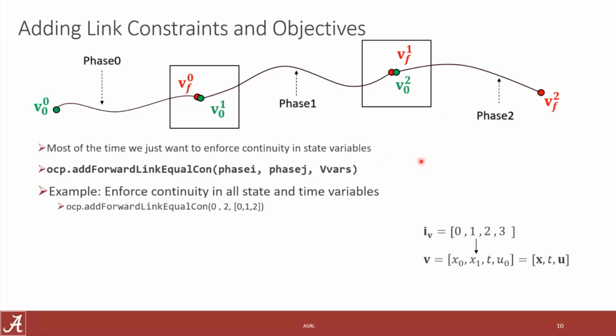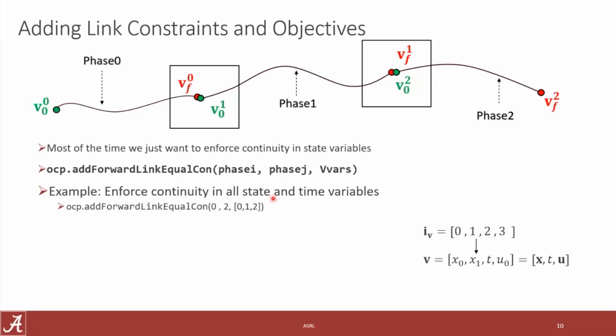So there's a shorthand way of doing that in the syntax. You can take your optimal control problem and instead of add inequalcon, you can just do an add forward link equalcon, and you can pass from some phase in your OCP through some other phase. I want these variables to be equal to each other at back to front.